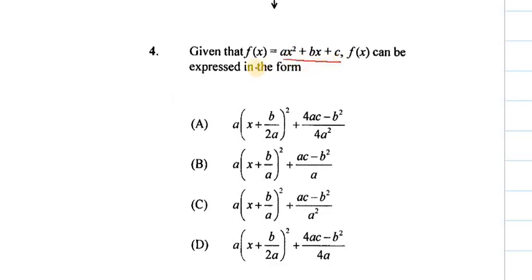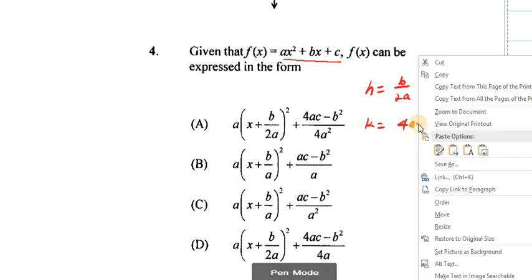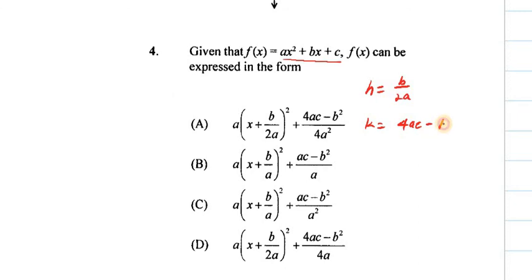F of x can be expressed in the form, and this is like when you're completing the square, where h is equal to b over 2a and k is equal to 4ac minus b squared all over 4a, when the expression is written in the form a into x plus h squared plus k.